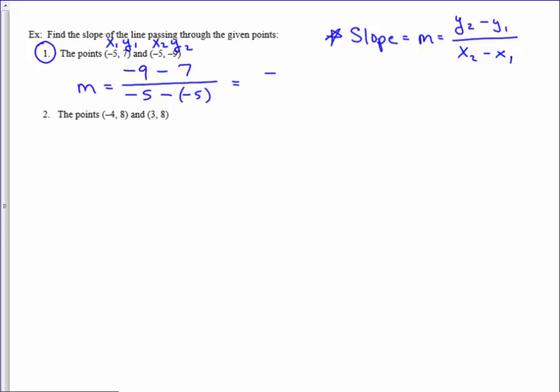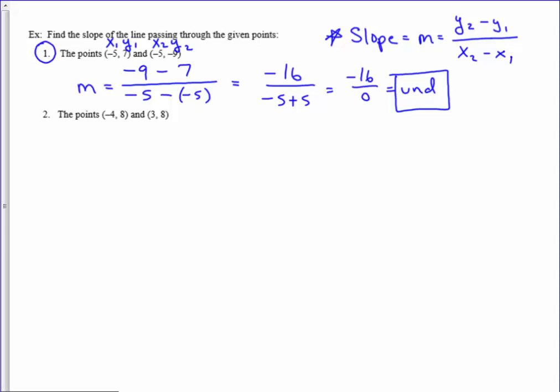On the top, I'd have -16. On the bottom, reducing, this is actually -5 plus 5, which would be -16 divided by 0, which is undefined. So the slope of the line going through the 2 points, -5, 7 and -5, -9, is undefined.